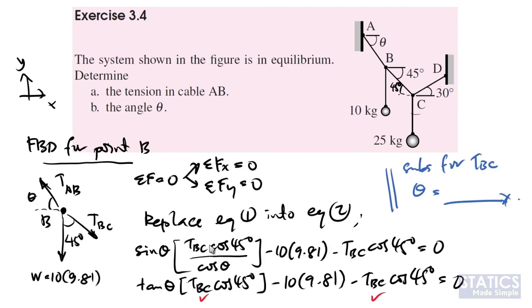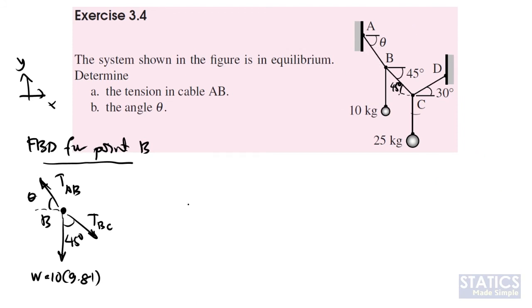Instead of using the rectangular component method to solve for TAB and also angle theta, we can also use the trigonometric approach. Again, to use this approach, I have to draw this diagram first. So we start off with the angles that we know. In this case, start off with TBC, 5 degrees.